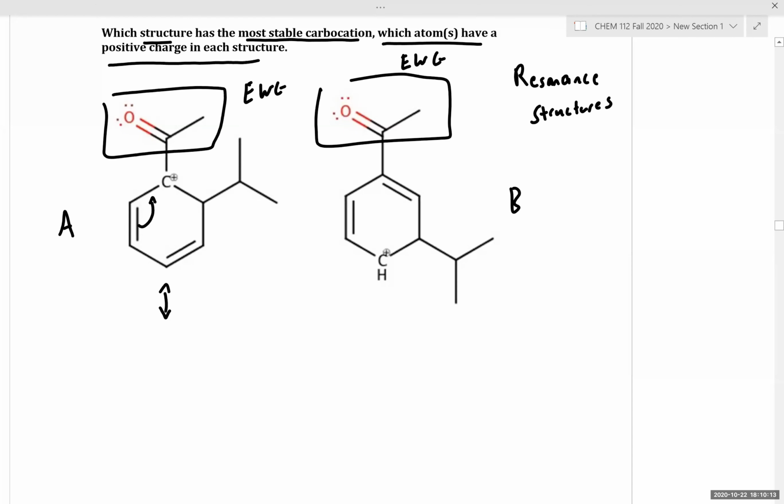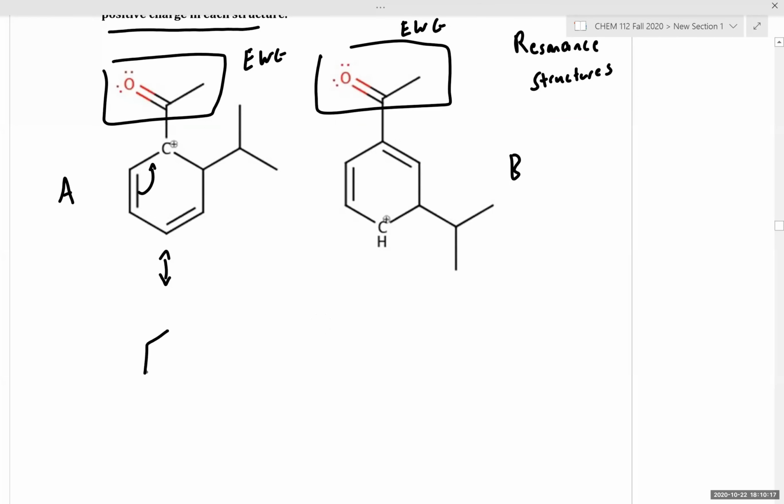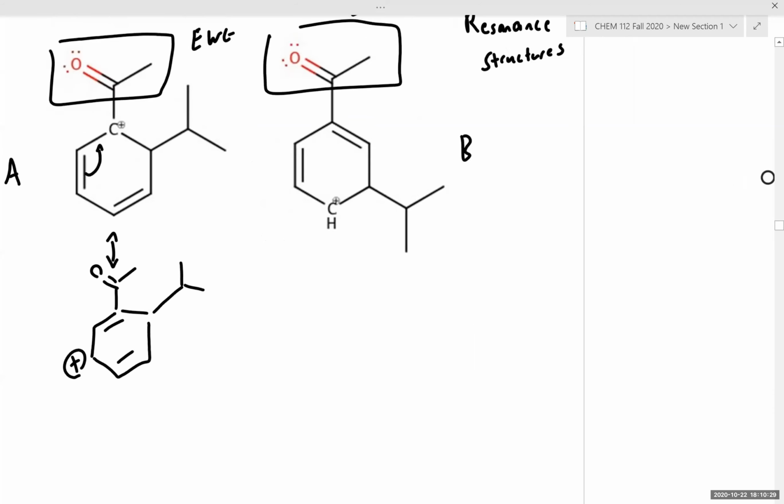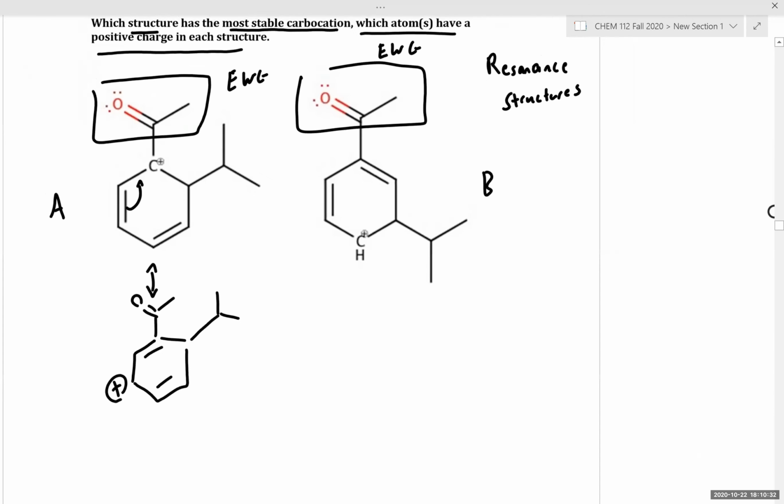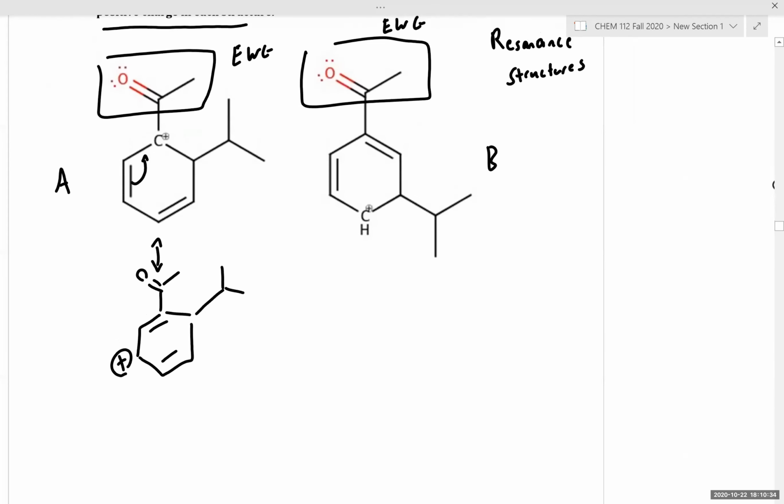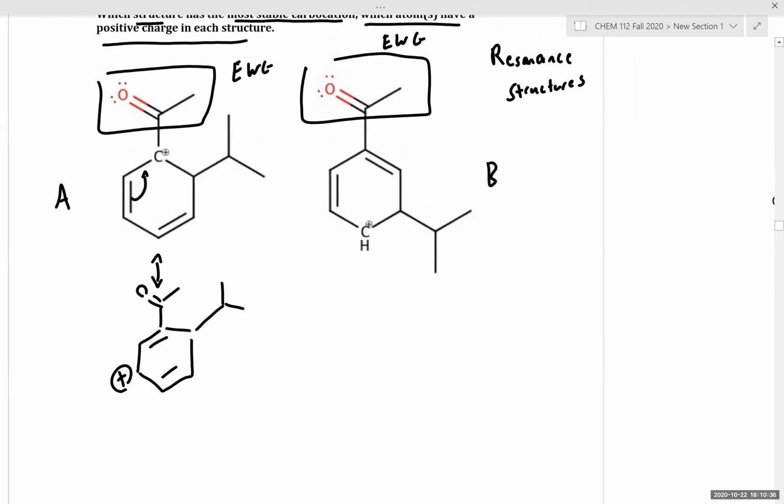We can, of course, kick our double bond across and draw the following resonance structure. Can we draw a few more resonance structures for both these two molecules?